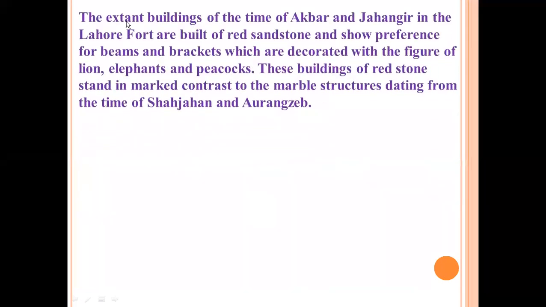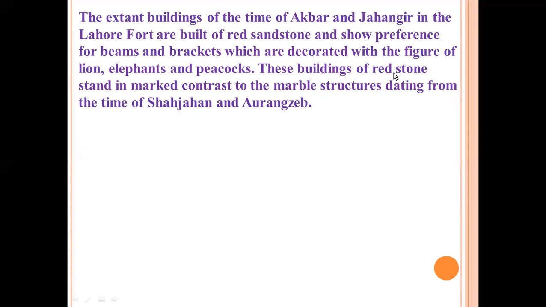Dear students, the extant buildings of the time of Akbar and Jahangir in the Lahore Fort are built of red sandstone and show preference for beams and brackets which are decorated with the figures of lion, elephant, and peacocks.